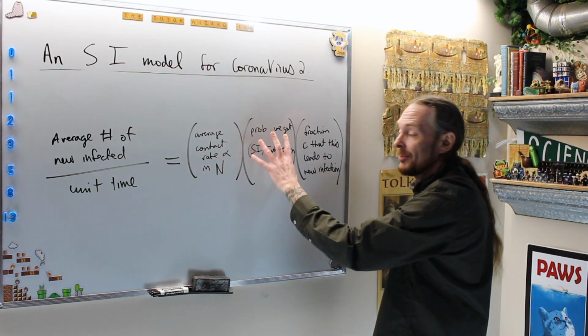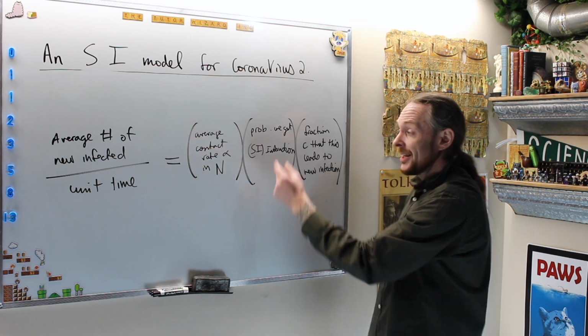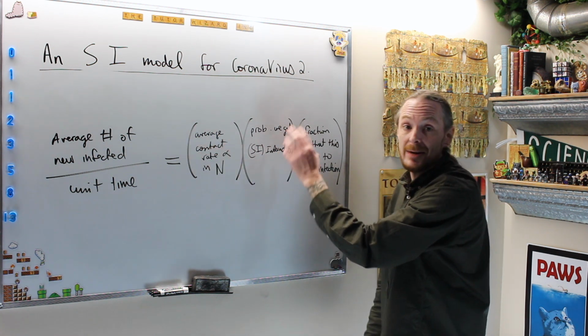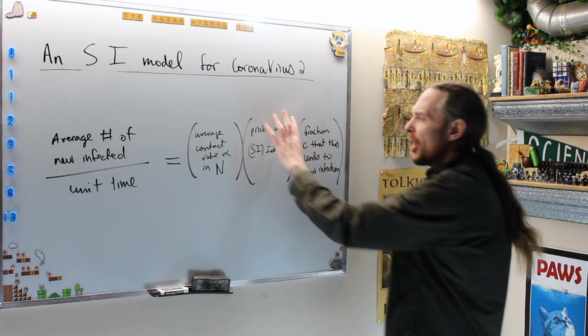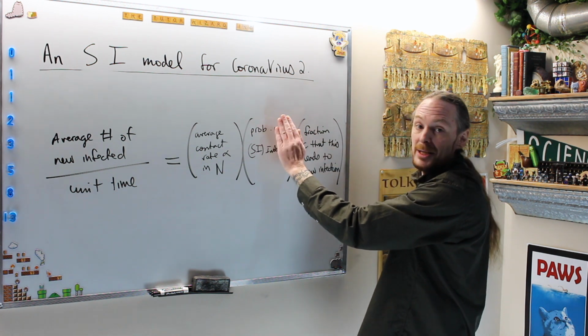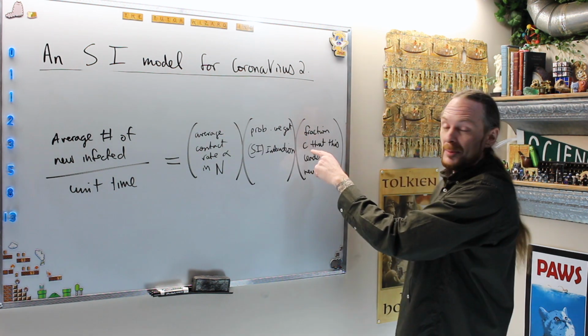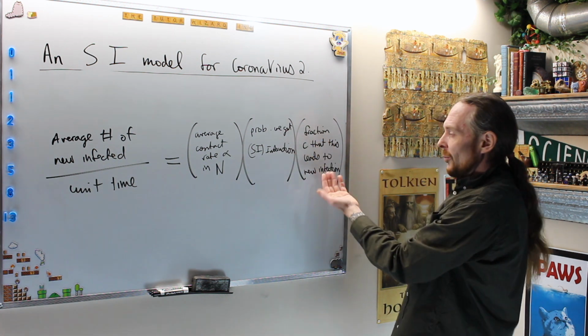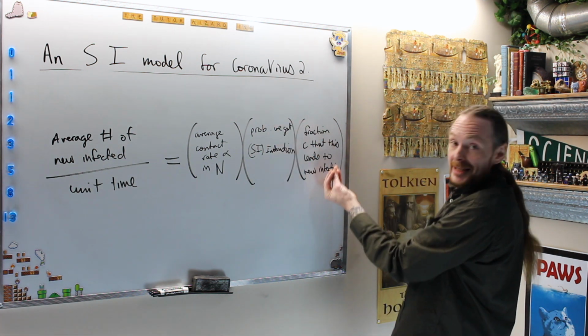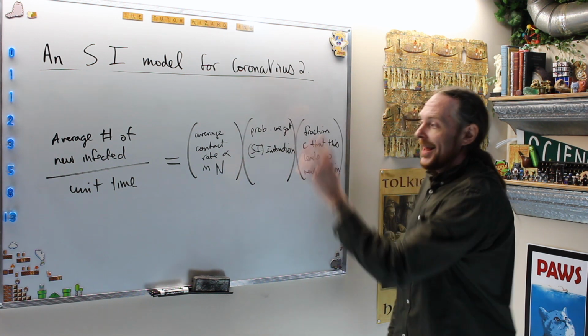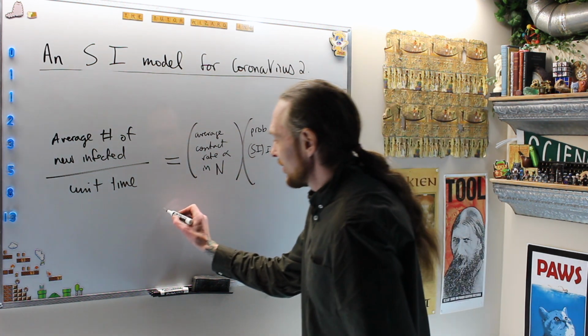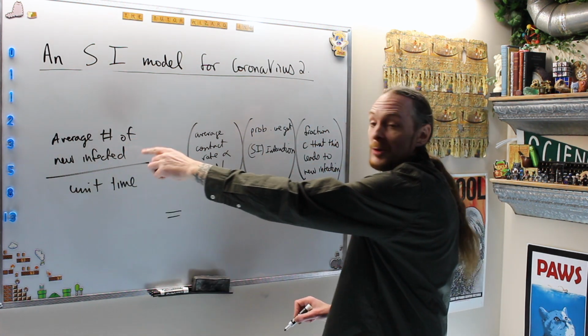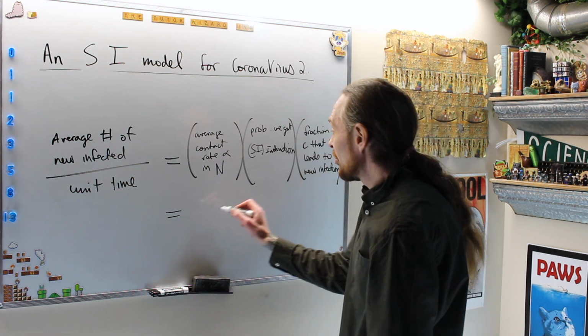So that has to be multiplied by the probability that in this interaction, the one that we get is an SI interaction. And then not all of those lead to a new infection just because they interact. So there has to be some non-zero, but probably less than 1, fraction C, which this interaction actually leads to a new infection. And that gives me a mathematical description of the average number of new infected over a unit time.